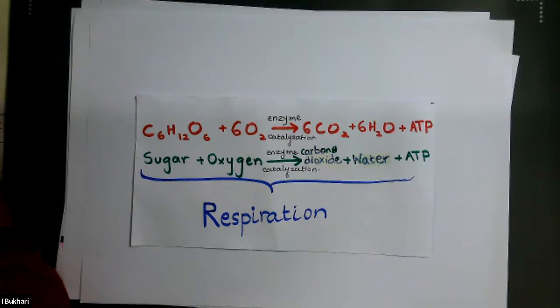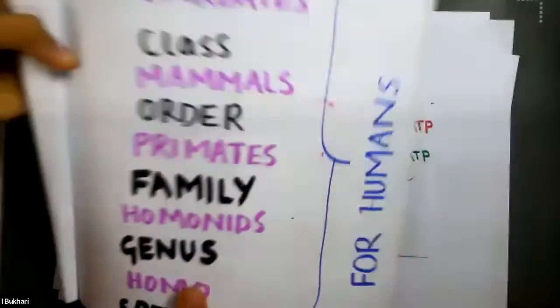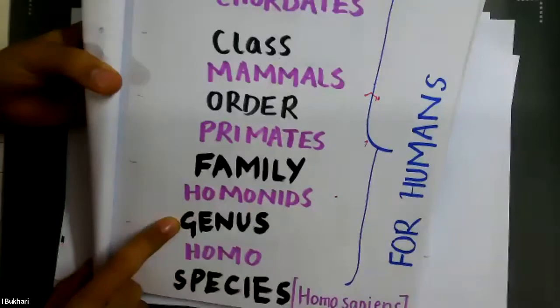No, between Homo sapiens, we need to put a space. What is a genus? Genus is a really specific way of classifying an organism.